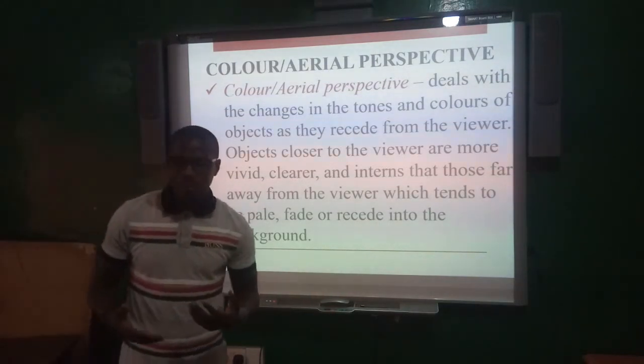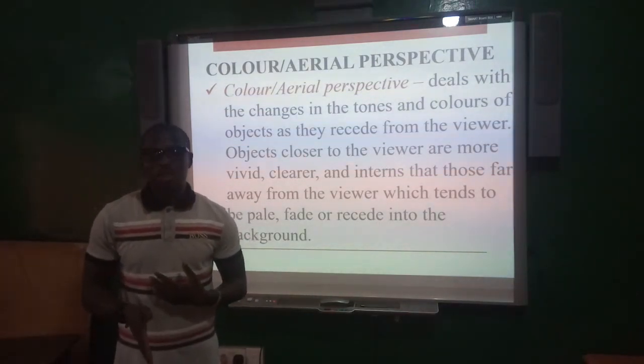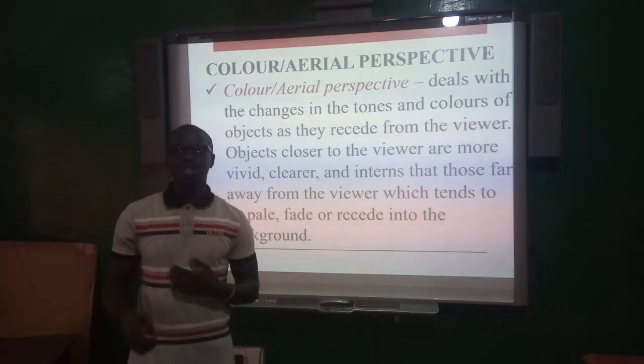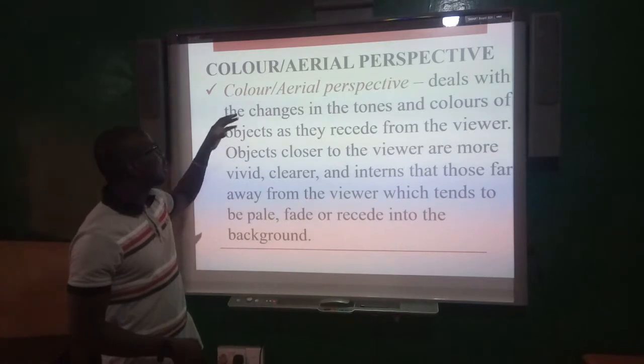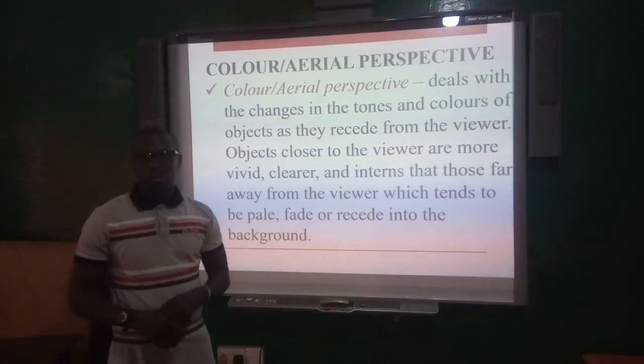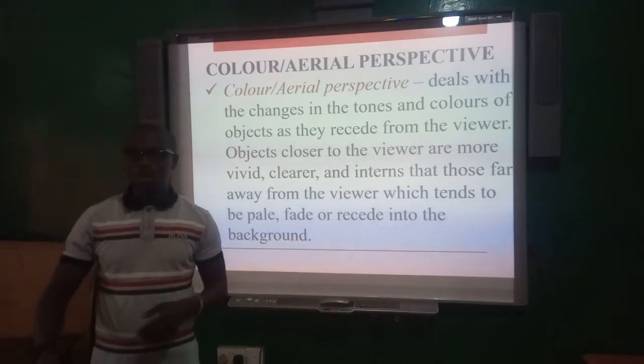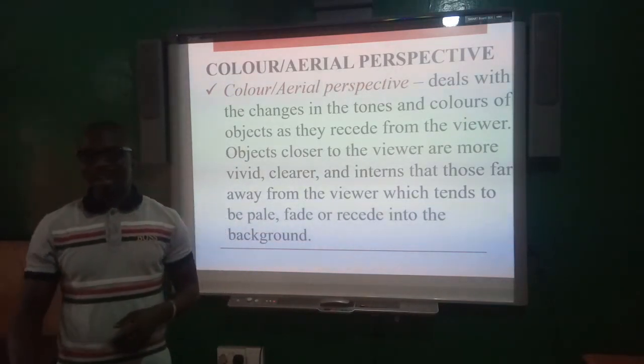So if I have 5 individuals in front of me in a queue, and I'm to depict them using aerial perspective, what I will do is, maybe they might be of the same complexion, or they'll be wearing the same uniform or the same attire.